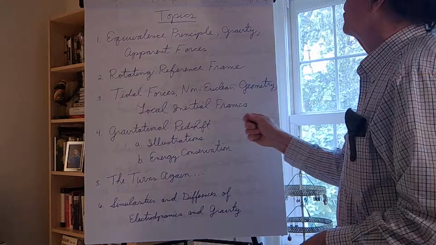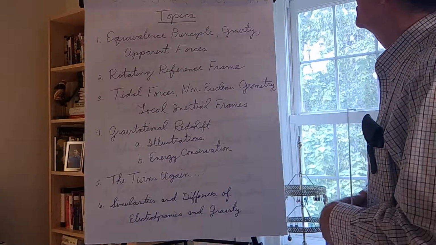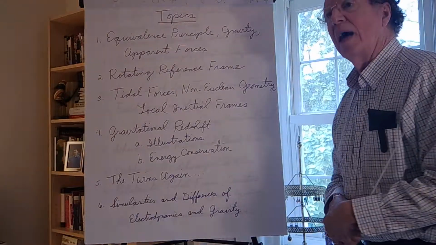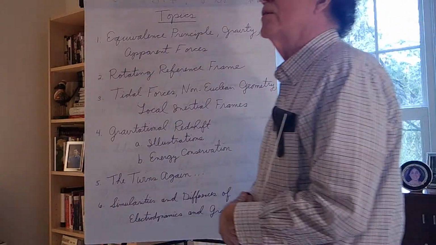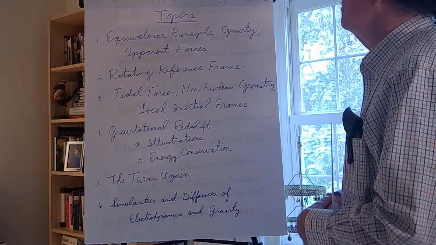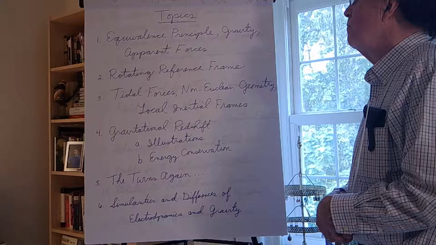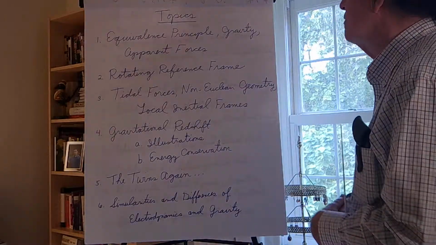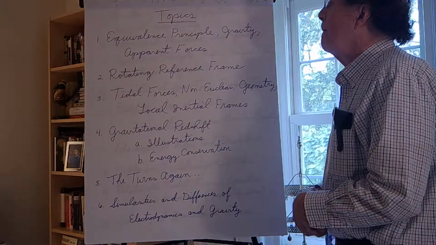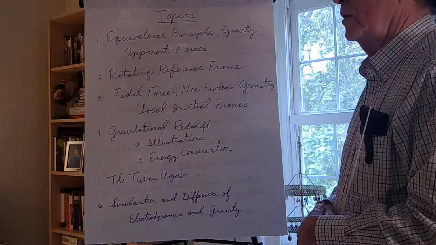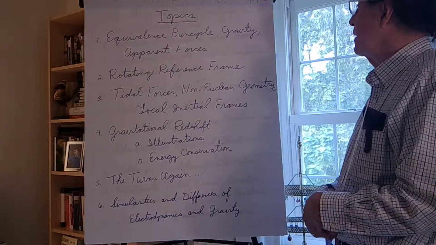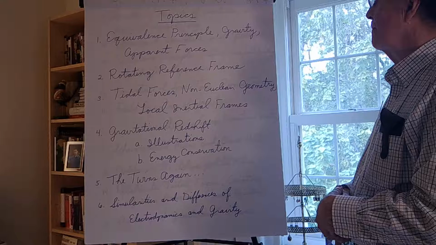Because when we turn to gravity, it will be understood not as a force but as the curvature of space-time. So it resembles rotating reference frames and accelerating reference frames and apparent virtual forces that you learned about in mechanics more than ordinary explicit forces.